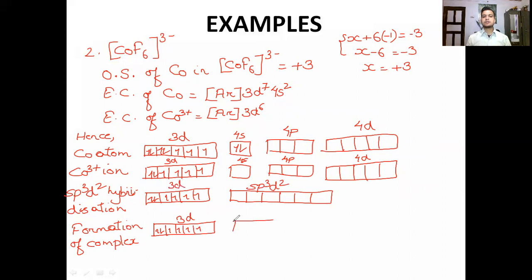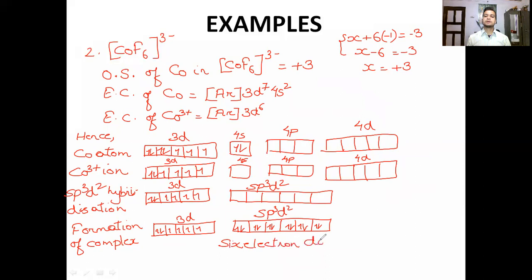But now in these 6 empty hybridized orbitals, what will happen is these 6 F minus ligands will donate a pair of electrons. So you can see I'm filling up the 6 pairs of electrons. So again, where do these 6 electron pairs come from?